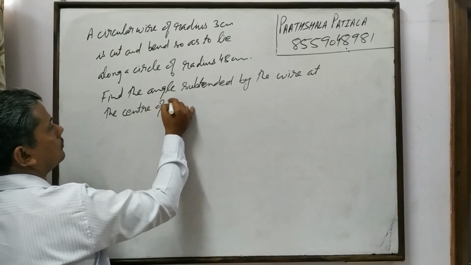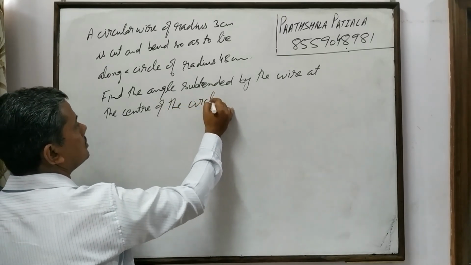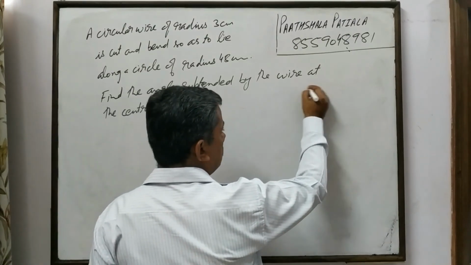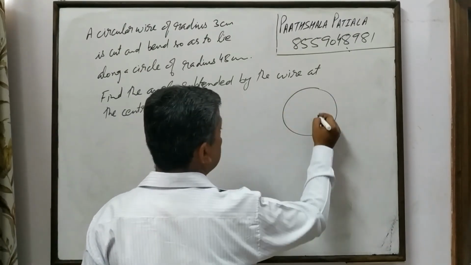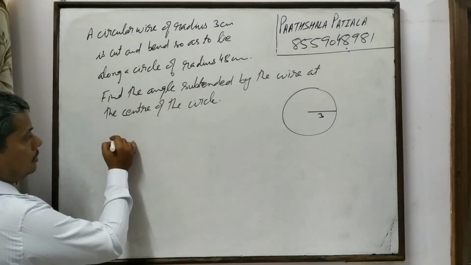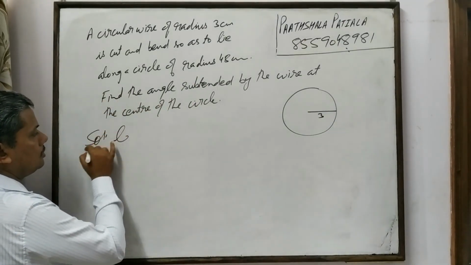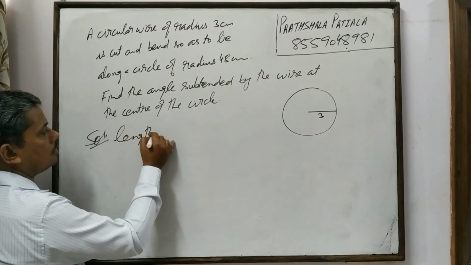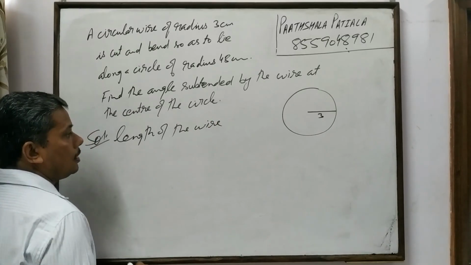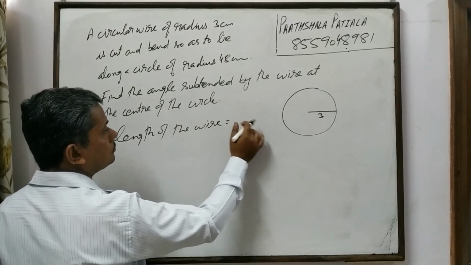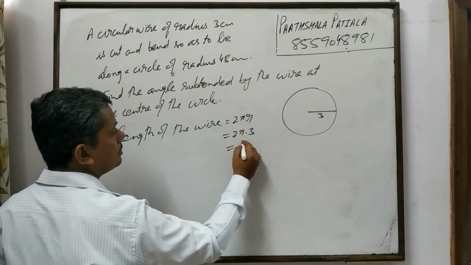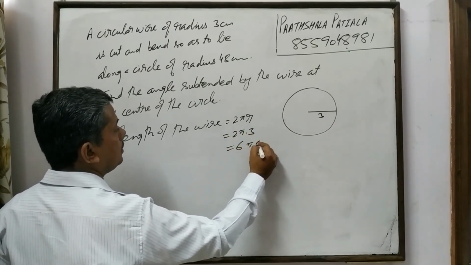Now the circular wire is a circle whose radius is 3. Now what is the length of the wire? Solution: the length of the wire is 2 pi r, which is the circumference, 2 pi into 3, 6 pi centimeter.